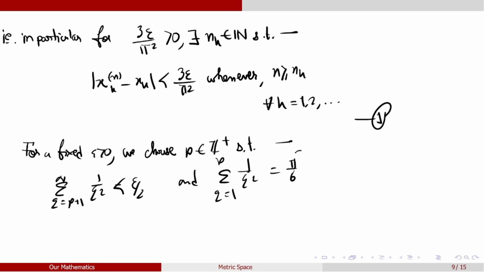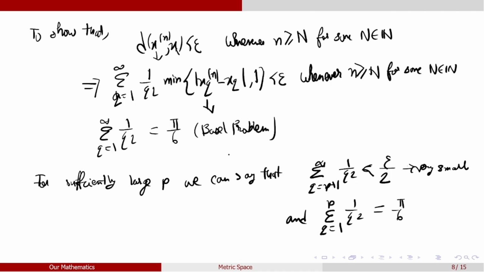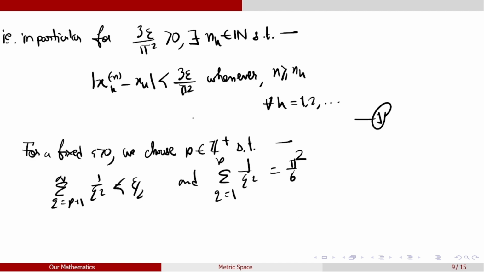I made a mistake earlier: this is pi square by 6, not pi by 6. Let's mark this as 2.